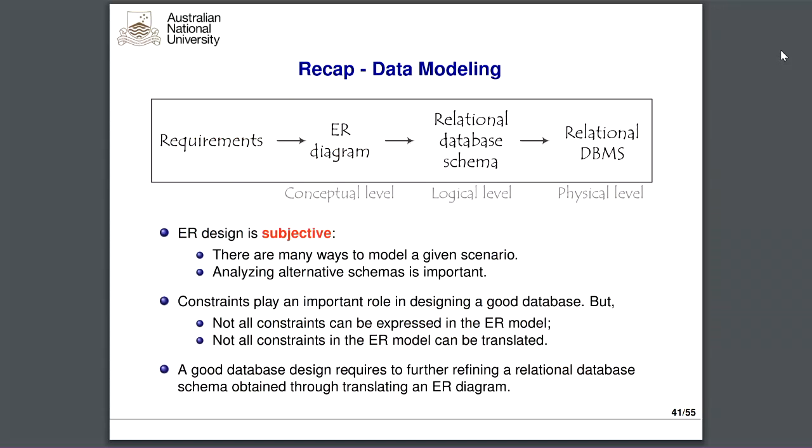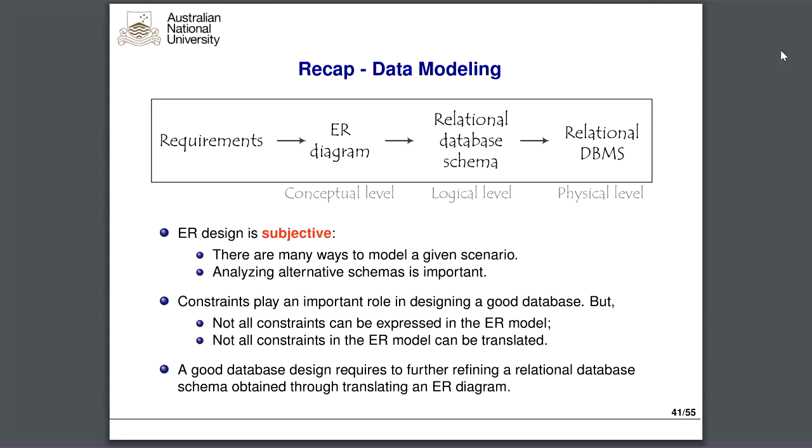So a little bit of a recap on data modeling. We look into the requirements, a set of information we collected, and then draw a diagram to understand what's going on here. That's the conceptual level. Then we go into the relational database schema, like SQL, and create all these tables and schemas.